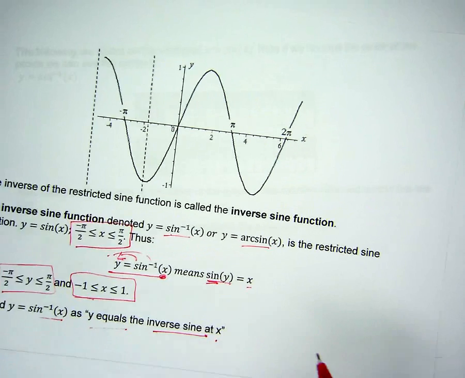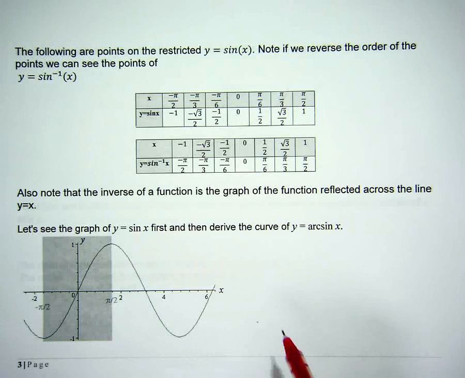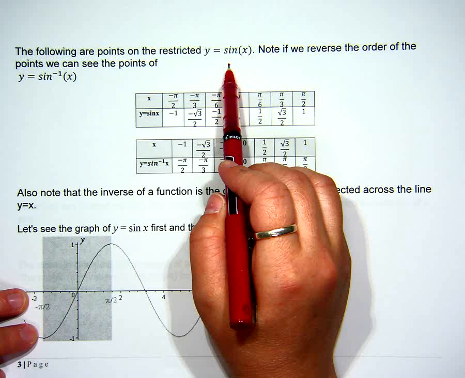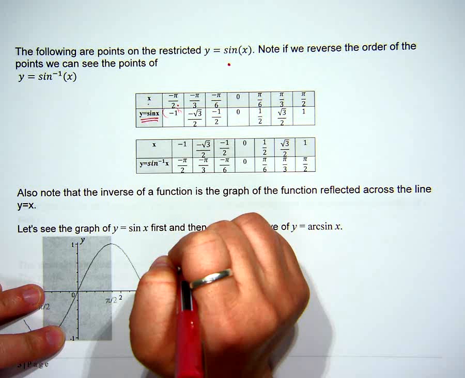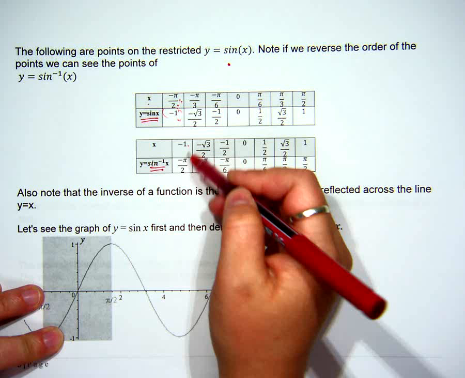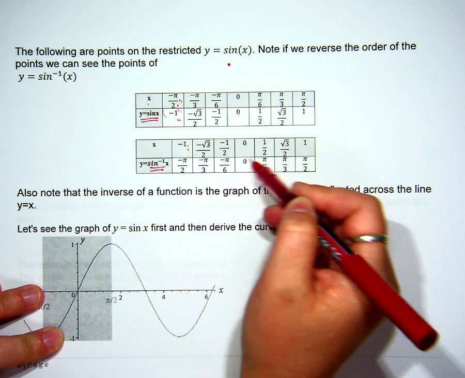Now let's talk a little bit more about that restricted function. The following points are on the restricted sine. Notice if we reverse the order of the points, we can see the points of sine inverse. If the angle is negative pi over 2, my sine function is negative 1. This is for plain Jane sine. But what if I want to talk about sine inverse? Just swap your points, and now you have points of your inverse.